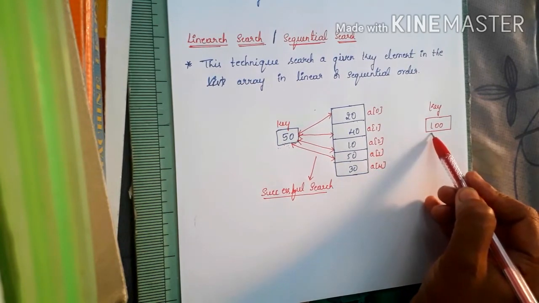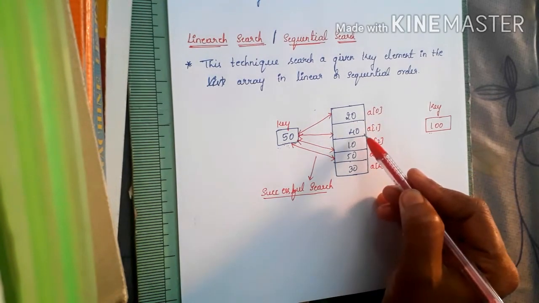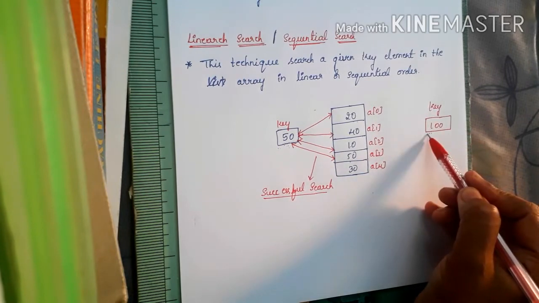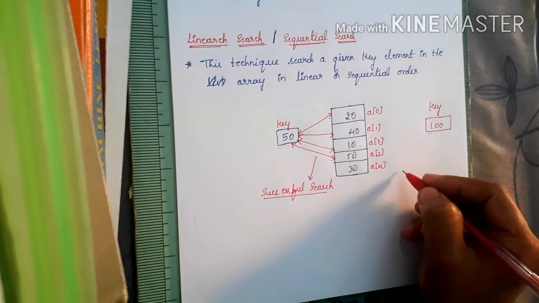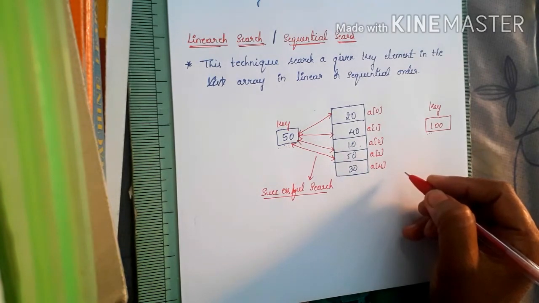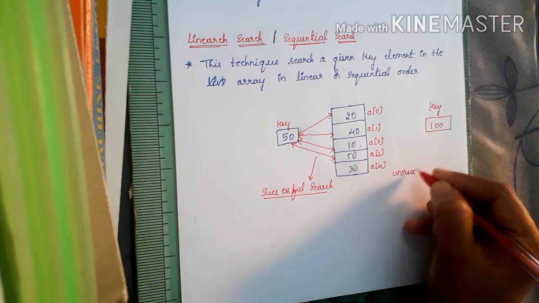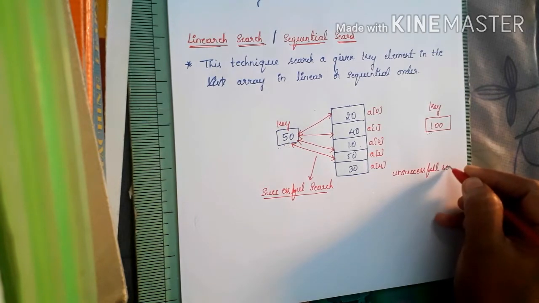And for this example, the key element 100 does not match any of these array elements. It means the key element 100 is not found in the array. In that case, the linear search or sequential search technique outputs the message unsuccessful search.